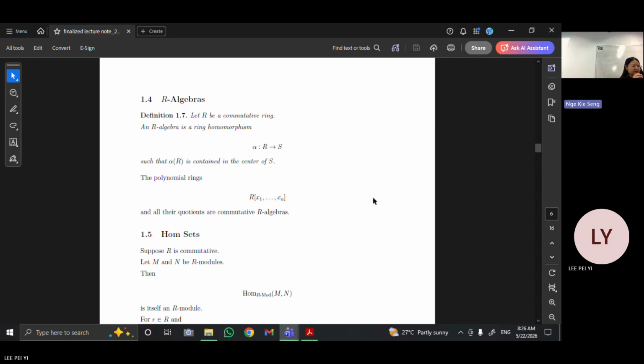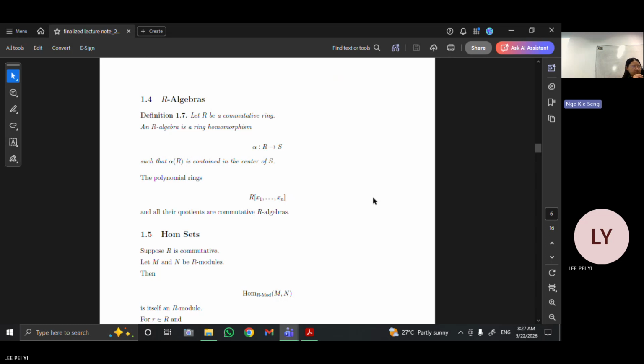And the next definition: let R be a commutative ring. An R-algebra is a ring S with a ring homomorphism alpha from R to S such that alpha(R) lies in the center of S. This means that every element coming from R commutes with any element of S, and an R-algebra is therefore a ring and an R-module with compatible multiplication.